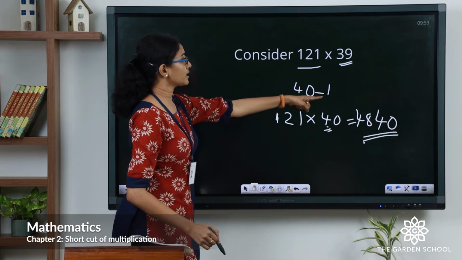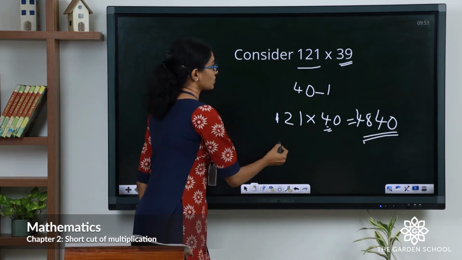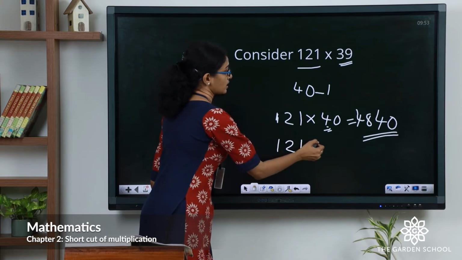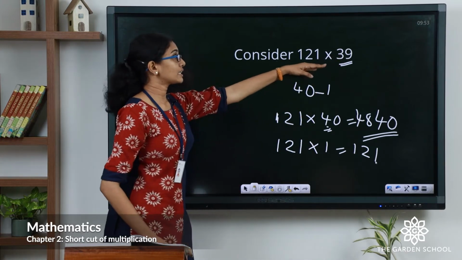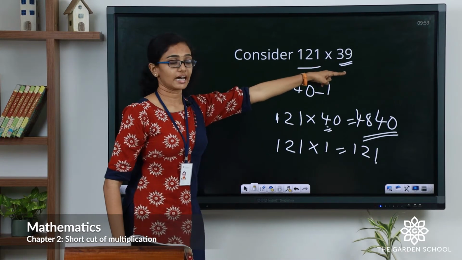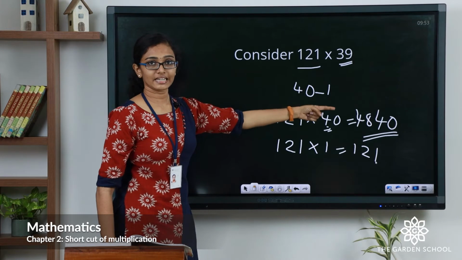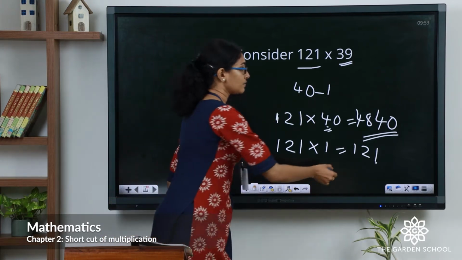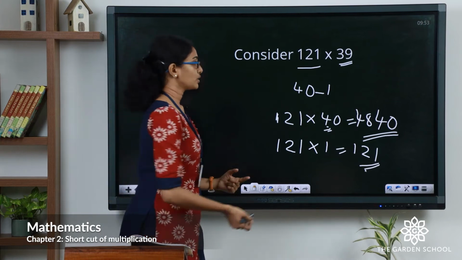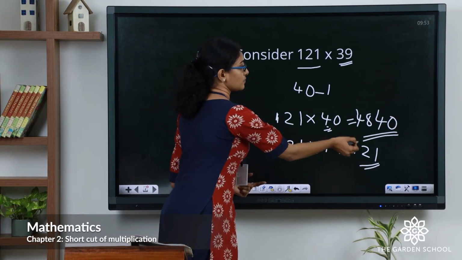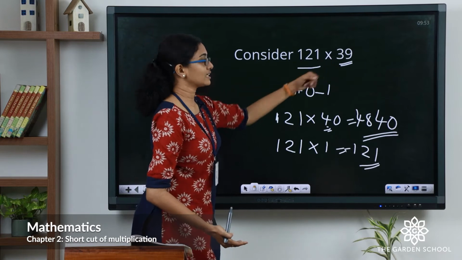Now, what is remaining? 1 is remaining. So, 121 into 1, it is 121 itself. So, the multiplier was actually 39 and we took 39 as 40 minus 1. What you have to do in this case, we have to subtract this one from this to make up for the 39.